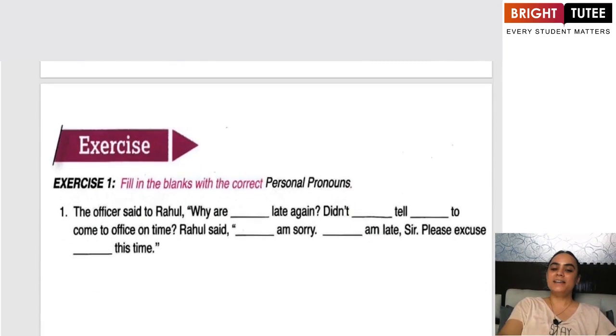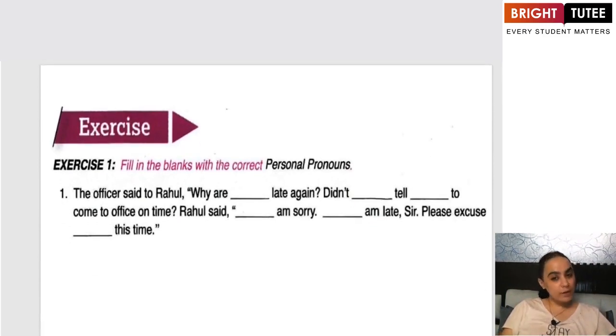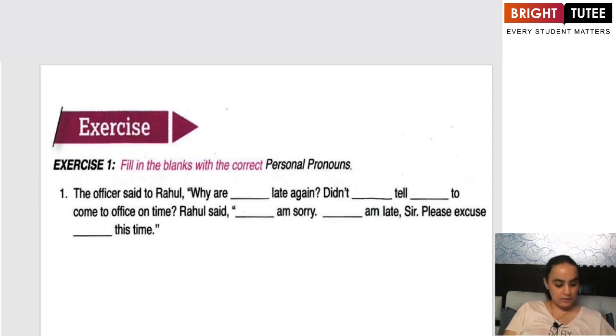Fine? Let us now look at some of the questions that will help us understand the pronouns that we've learned so far. The first question says, fill in the blanks with the correct personal pronouns. There are 10 sentences in total. We will do the first 5 and the rest 5 you do on your own.